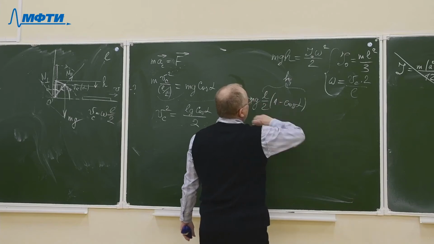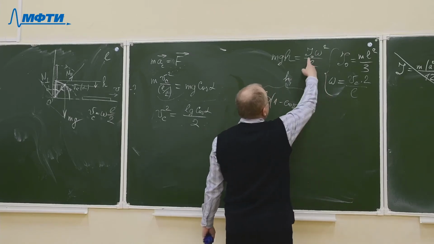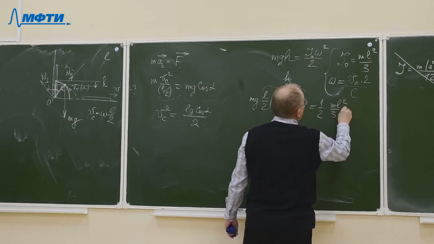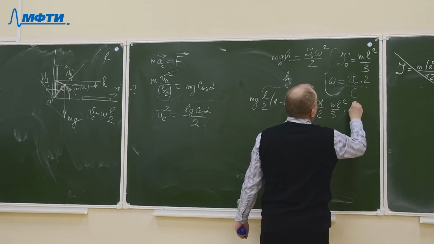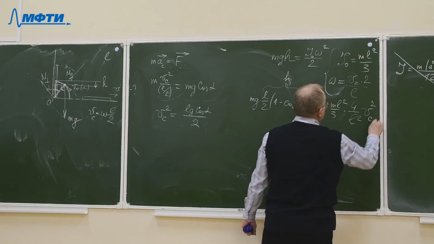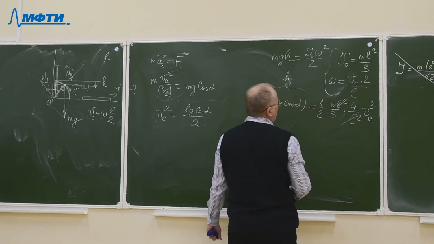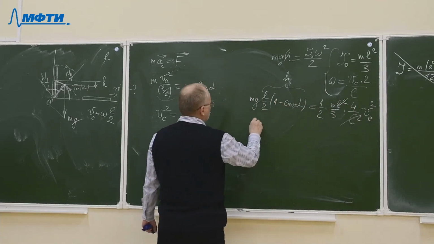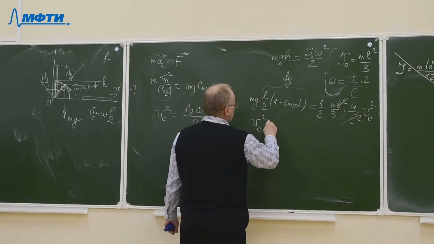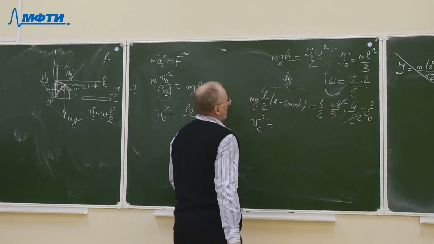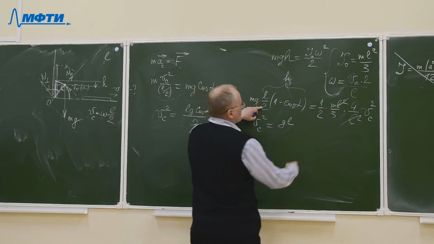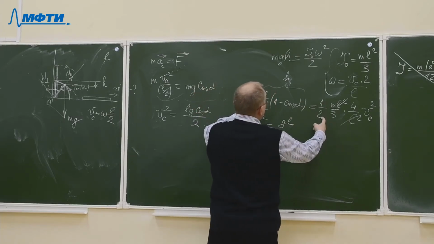That is mgh. And now we have to write down 1 over 2, moment of inertia mL squared over 3, and omega squared will be 4 divided by L squared, velocity of the center of mass squared. L squared will cancel, and the velocity of the center of mass squared can be expressed from here. Mass will cancel, and what will remain here, gL divided by 2, and this 1 over 2 will cancel.